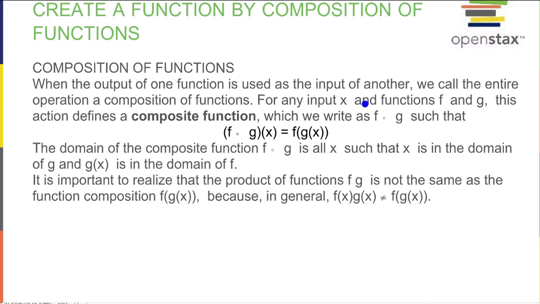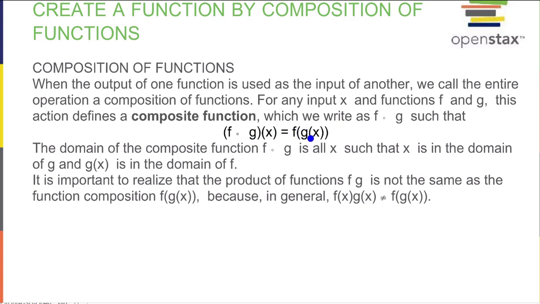For any input x and the functions f and g, this action defines a composite function, which we write as f, then this little open circle, g, such that (f ∘ g)(x) = f(g(x)). We read this as f of g of x.